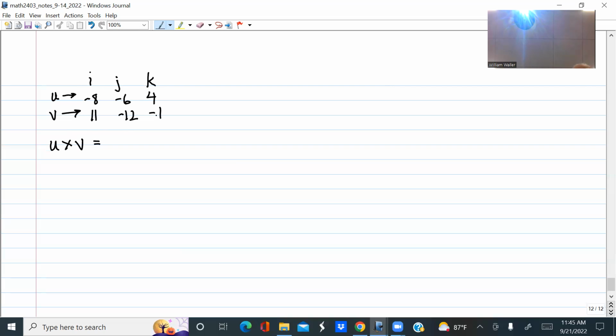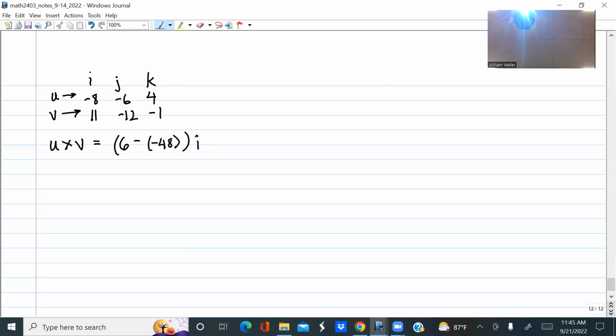Minus 6 times minus 1, which is positive 6, and then subtract off this product, 4 times minus 12, which is a minus 48. So you get lots of minus signs when you're doing the cross product, so make sure you keep up with those. So you have a positive 6 minus a minus 48, and this is going to be multiplied times i.